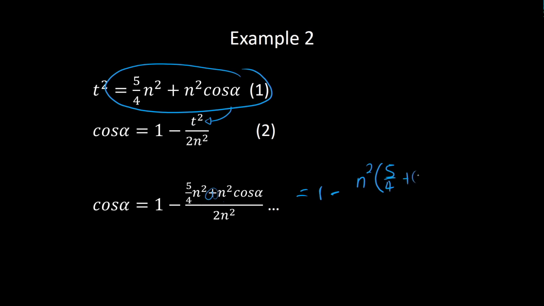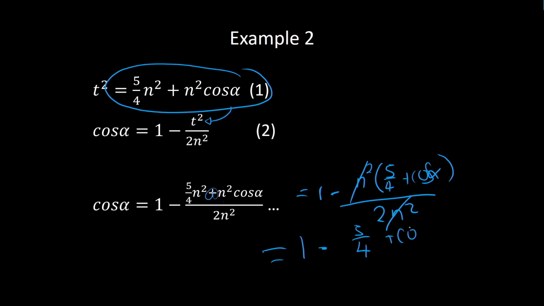And if this is as far as you can get, then you have already gotten pretty far by yourselves, because from here it's just a matter of algebra and simplifying. So the n squareds cancel and we end up with 1 minus 5 over 4 plus cos alpha all over 2.